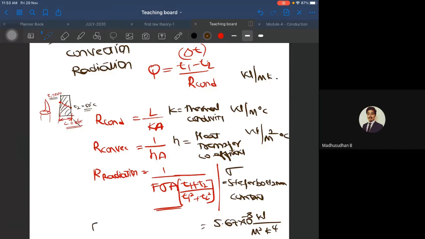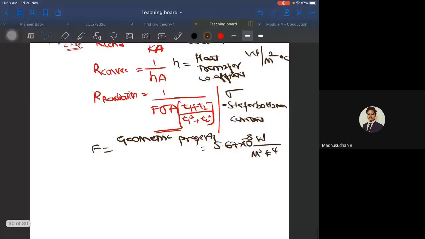Now what is F? Emissivity? That is in case of a closed surface, I guess. What is F, by the way? A geometric property of the object. Good. So it is a geometric property, or you can say a shape factor. Sometimes it is even called the contact factor. There are multiple names.